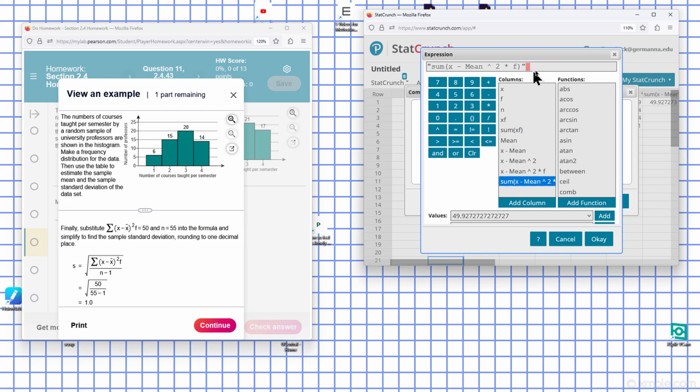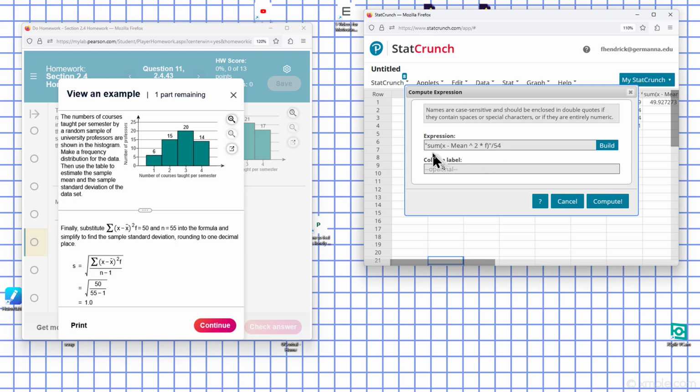Sum of the squares times f, and divide that by 54, or n minus 1. I'm not calling it anything yet, I'm just dividing what's inside the radical. You compute.